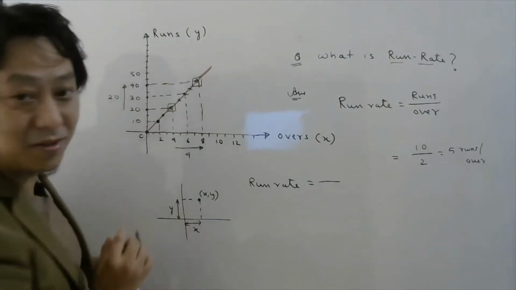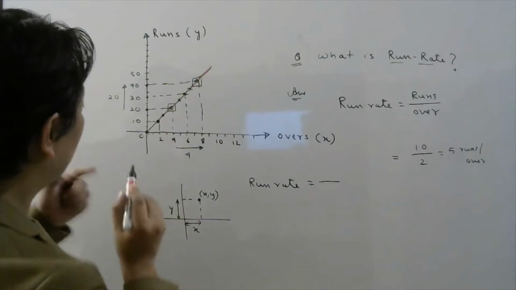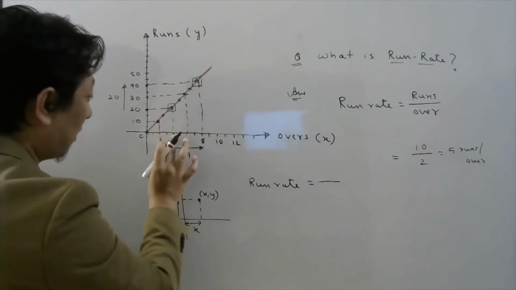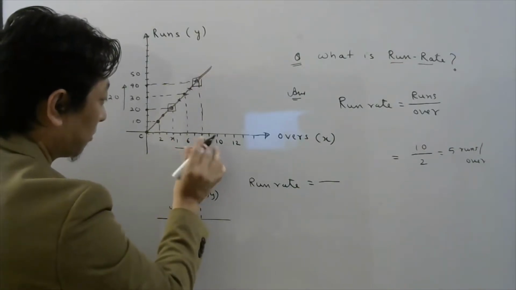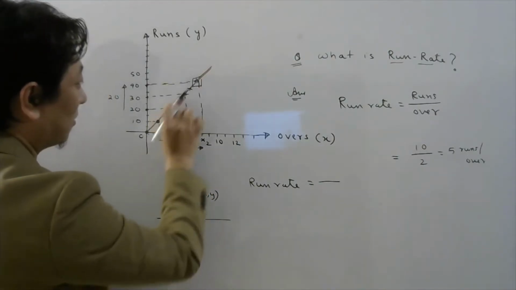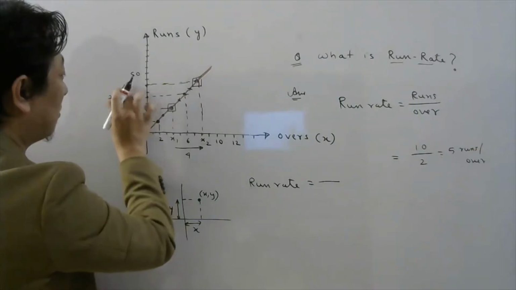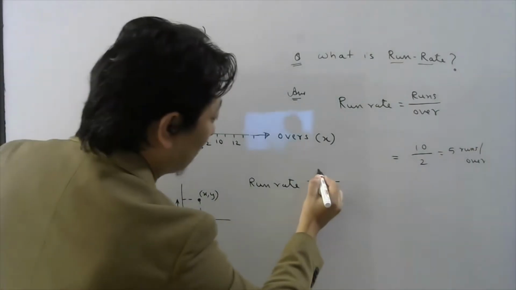This distance represents the x coordinate and this distance represents the y coordinate. So if I choose this point and this point, and call the x coordinates x1 and x2, and the y coordinates y1 and y2, then how would I write run rate?